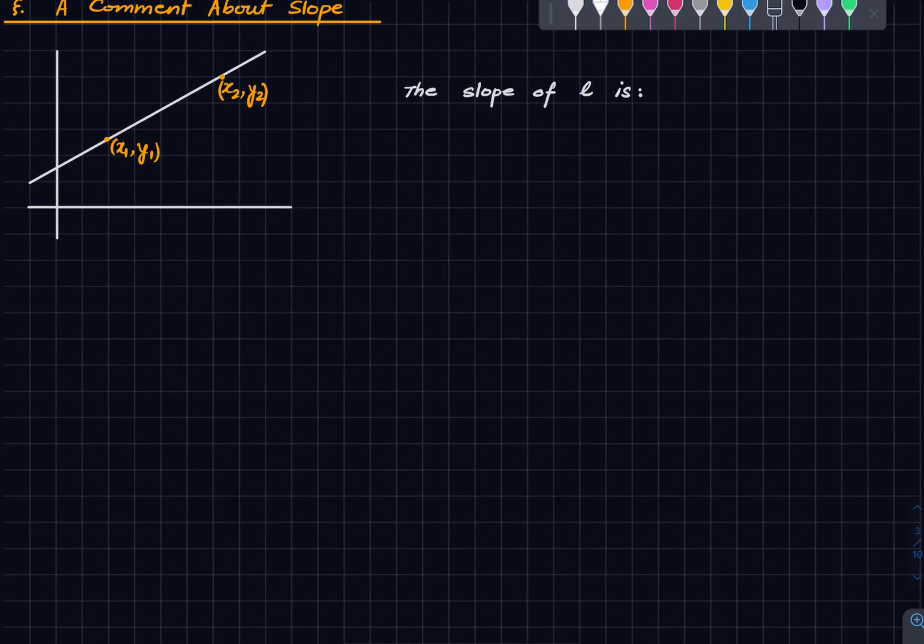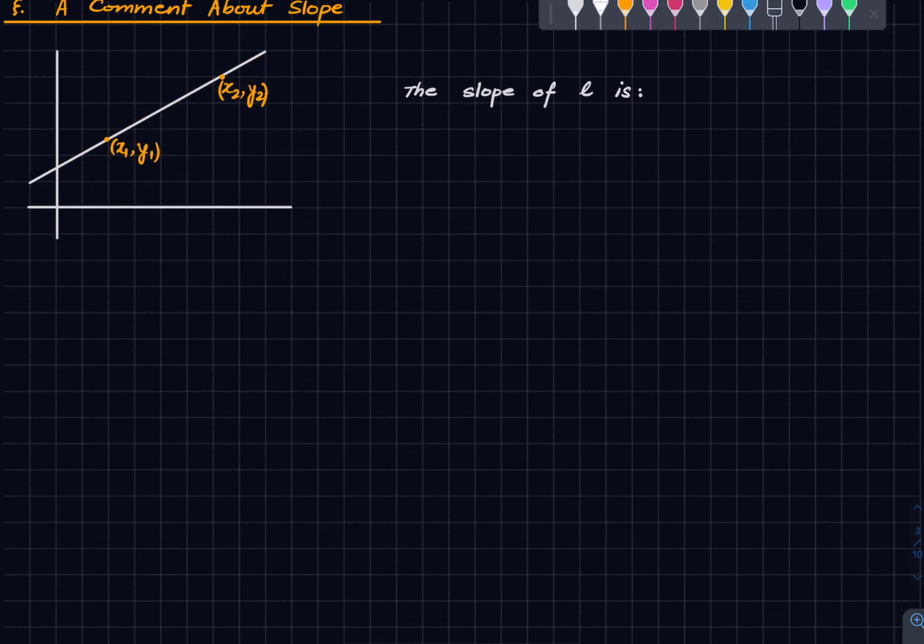Well, if you just make this triangle, draw a horizontal line passing through the first point and a vertical line passing through the second point, you will see that this is the angle that this line makes with the positive direction of the x-axis, and therefore the slope of this line is the tan of this angle, which is this upon that, but this distance is y2 minus y1 and this distance is x2 minus x1.